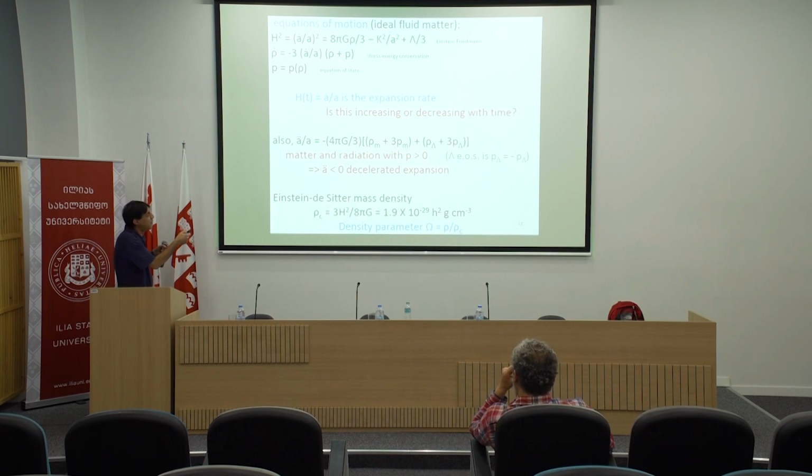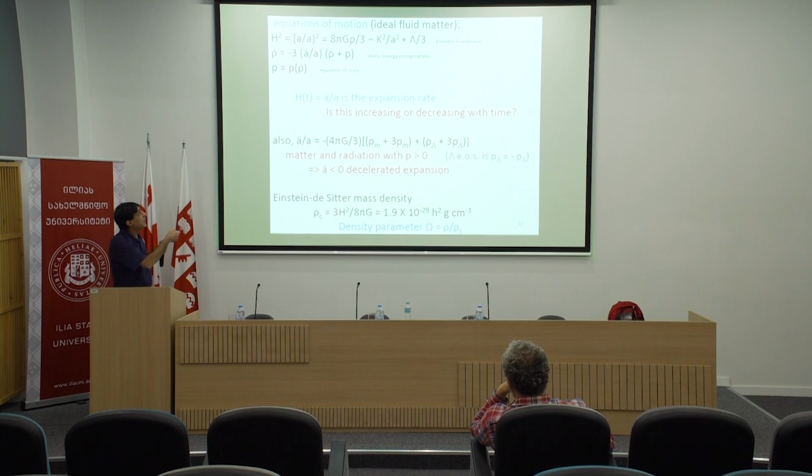This is the pressure, and it's measuring the energy of motion, the kinetic energy. And that's very, very subdominant compared to the rest mass energy. It's only when you start getting relativistic motion that this term becomes really important. And to complete these equations, we need to know how the pressure depends on the energy density.